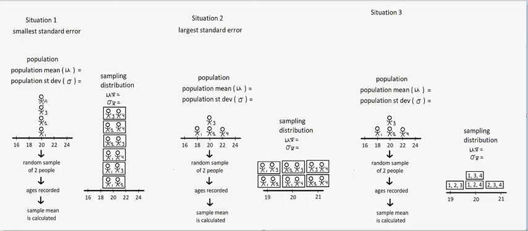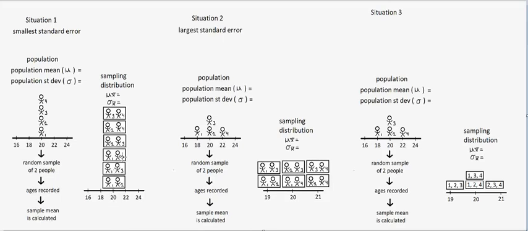There's no dispersion in the population, which means that no matter which 2 people are selected, it's going to be two 20-year-olds, and the mean will definitely be 20. So no matter which 2 people are selected in this situation, the sample mean has to come out to 20. There's no other possibility. That's why all of the possible samples are stacked above 20. This is telling you that no matter which 2 people are selected, the mean will be 20, because every combination of 2 people has a mean of 20.